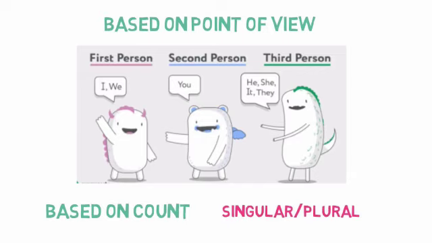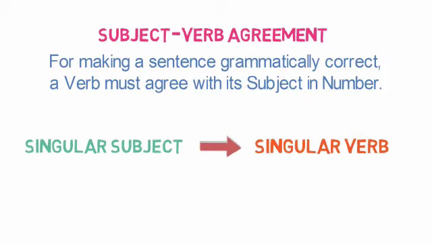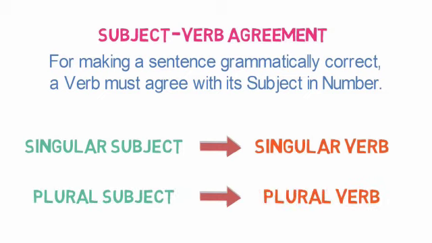Now let's understand the main topic of the day. What is subject-verb agreement? For making a sentence grammatically correct, a verb must agree with the subject in number. That is to say, in any sentence, singular subject must have singular verb and plural subject must have plural verb.